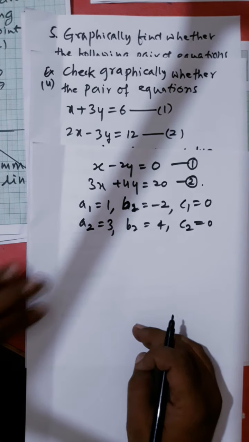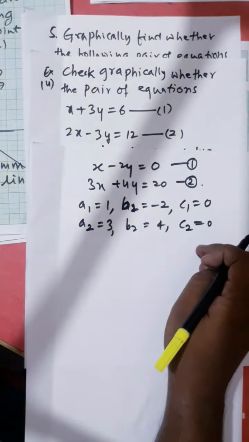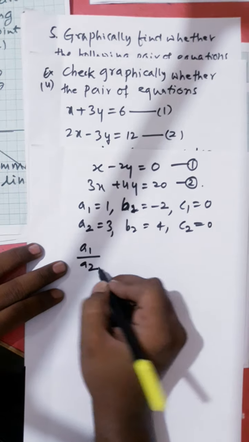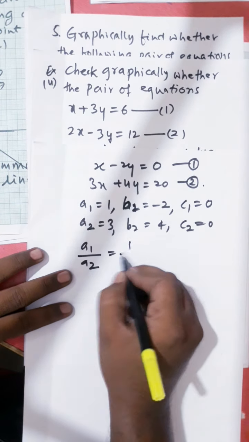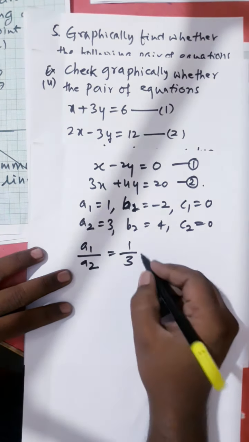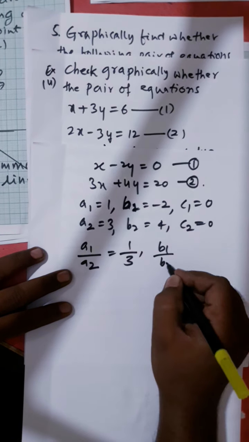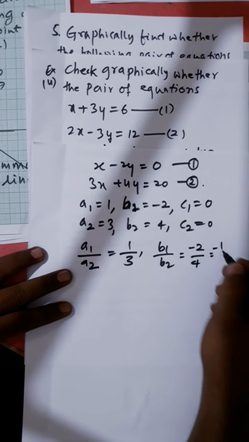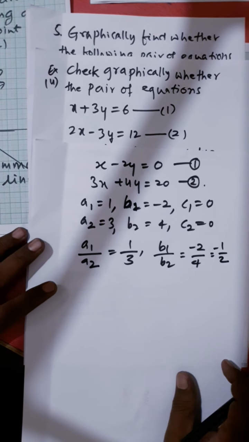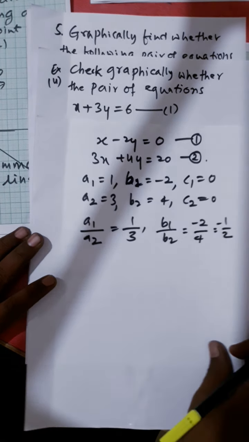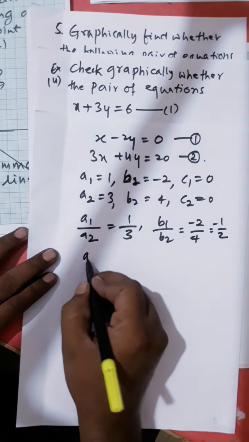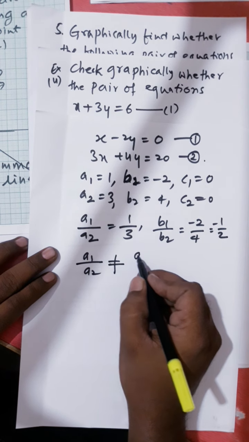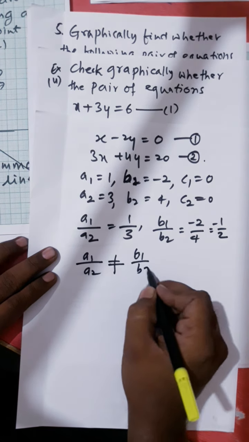Then if you compare the ratio of a1 by a2, it is 1 by 3. Then what is b1 by b2? It is minus 2 by 4, which is equal to minus 1 by 2. That means, whatever the values of c1 and c2, here a1 by a2 is not equal to b1 by b2.